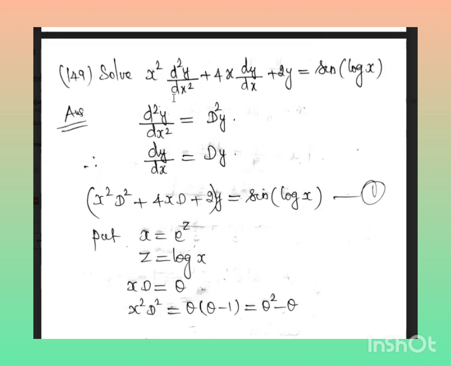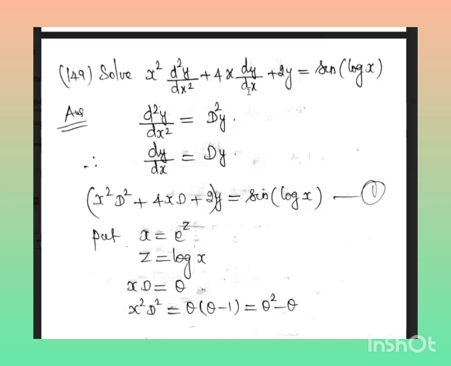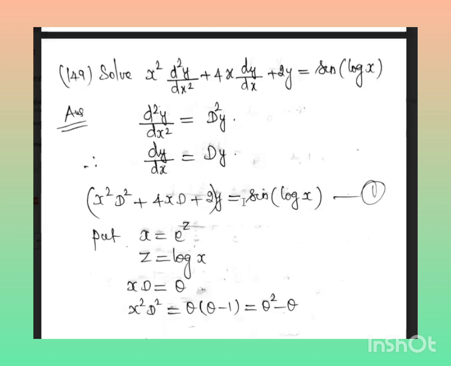So in the given problem, x square d square y by dx square can be written as x square D square, plus 4x dy by dx can be written as plus 4xD, plus 2y. Y is common in each term, so I have written x square D square plus 4xD plus 2 into y is equal to sine of log x. Take this as equation number 1.